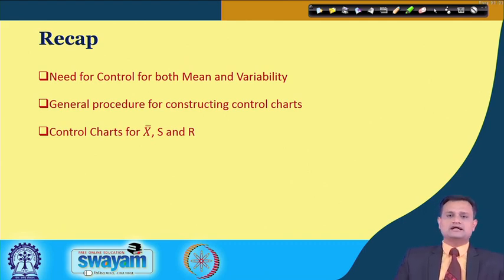I may have both at nominal, say mean as well as variability, but I may have larger mean, larger variability or both. So in that case my products or services will fall in the rejection region, and basically I would be producing defective which is not acceptable to the market and customer.